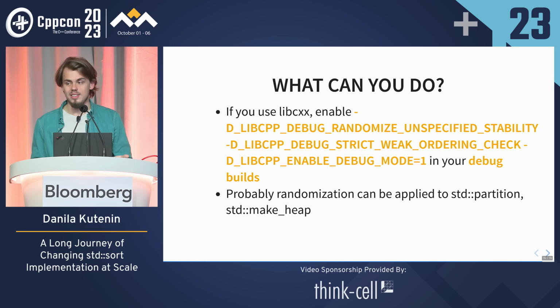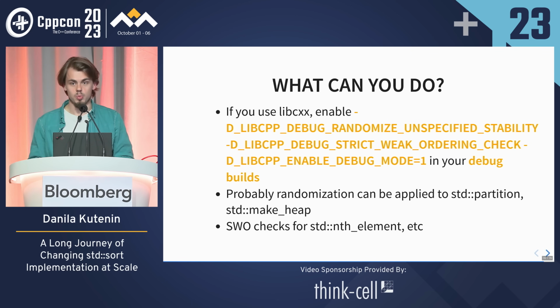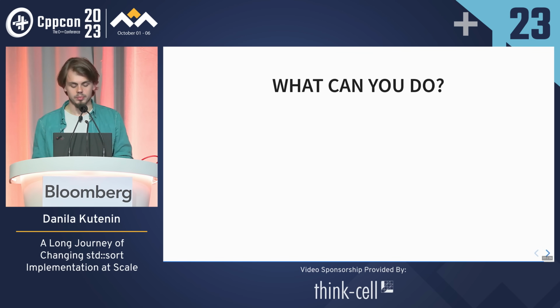I was a little bit lazy to do that. You probably can do strict weak ordering checks for nth element. I didn't implement it for nth element because in the quadratic algorithm that I described, you need to sort the range. Probably you don't want to sort the range to do nth element, but that might be okay for a debug build.